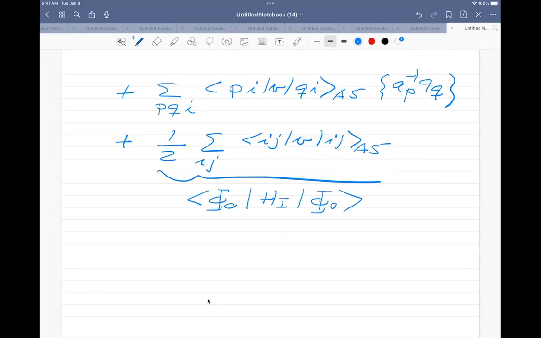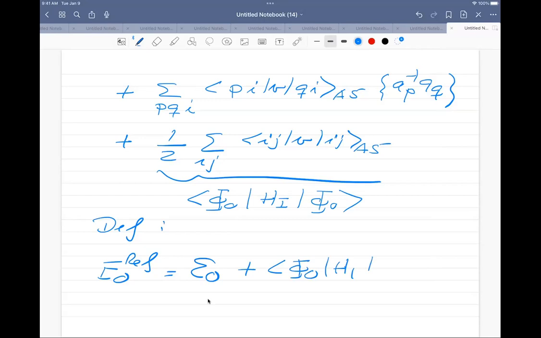Now, we are going to give that a name, and we are going to bring this together. So this is a definition we will keep. We are going to define something we call the reference energy. And this reference energy is simply this epsilon 0 plus this term phi 0 of H of I of phi 0.